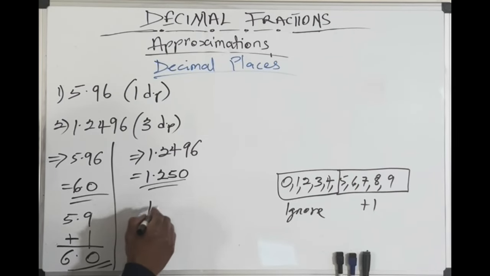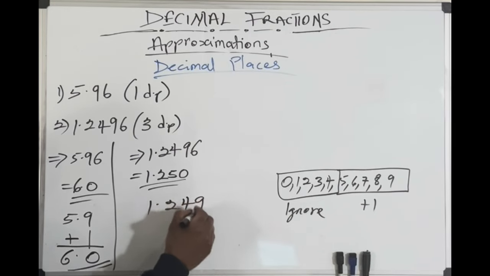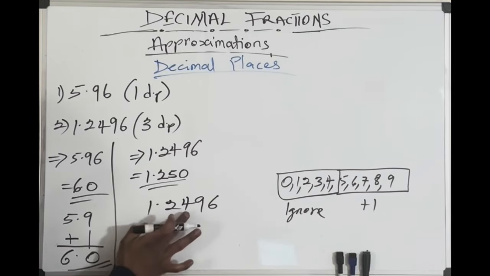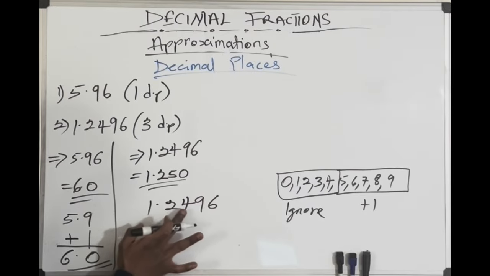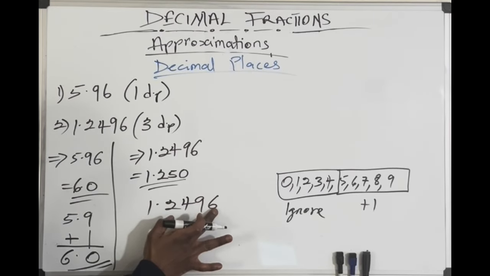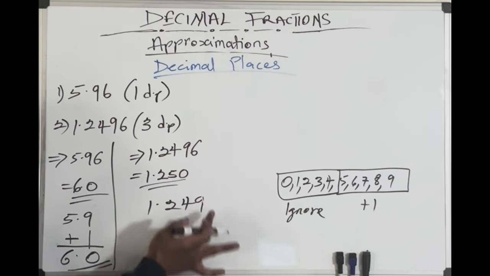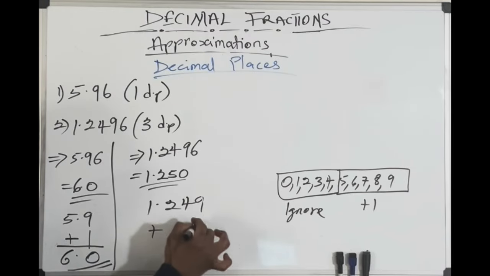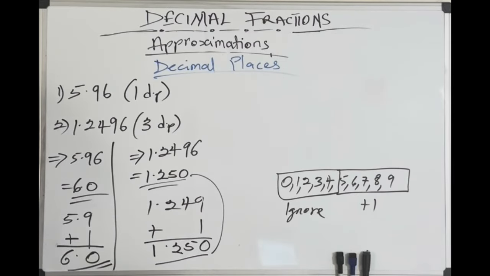Again, let's go by this formula so that we get it. 1.2496 to 3 decimal places, 1, 2, 3. The next is 6, so plus 1. 9 becomes 0 and carries, 4 becomes 5, so 1.250. The same thing.